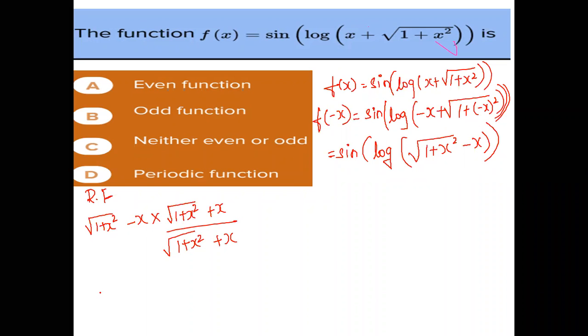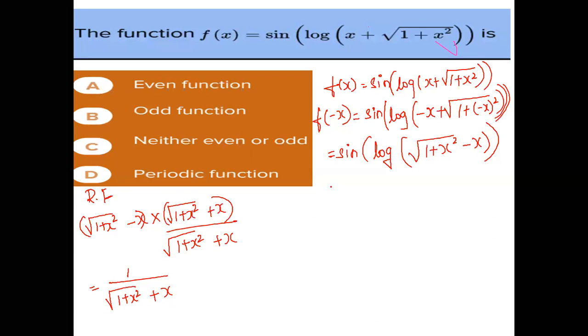So now if you multiply these two, in the numerator it is equal to 1, and in the denominator nothing to multiply, so the same thing remains. You will end up with 1 by square root of 1 plus x square plus x.